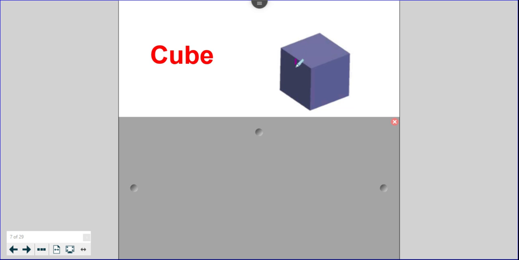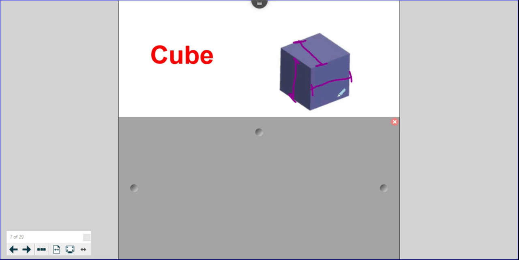So I can measure my cube from top to bottom. I can measure my cube from side to side to see how long it is. But I can also measure my cube from front to back. It's a little easier to see on this picture of a cube, the three different ways that I can measure.